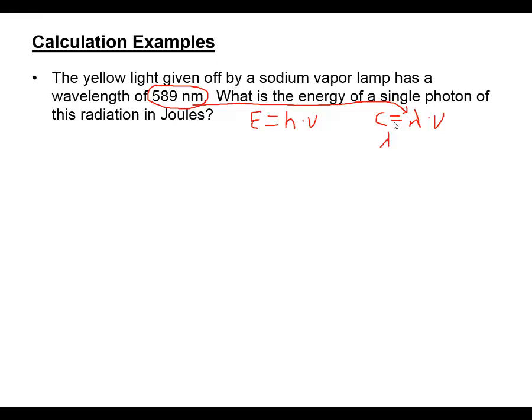If I divide both sides of this equation by frequency, wavelength is equal to the speed of light divided by frequency. If I plug that into my equation here, I can generate the following equation: Planck's constant times the speed of light over my wavelength, lambda.